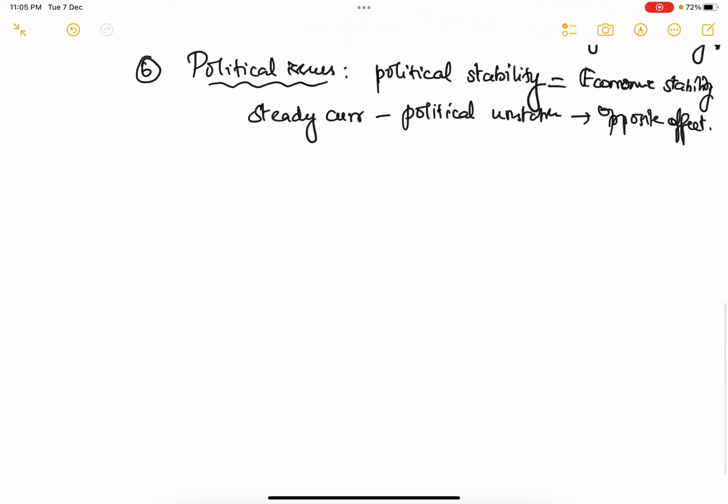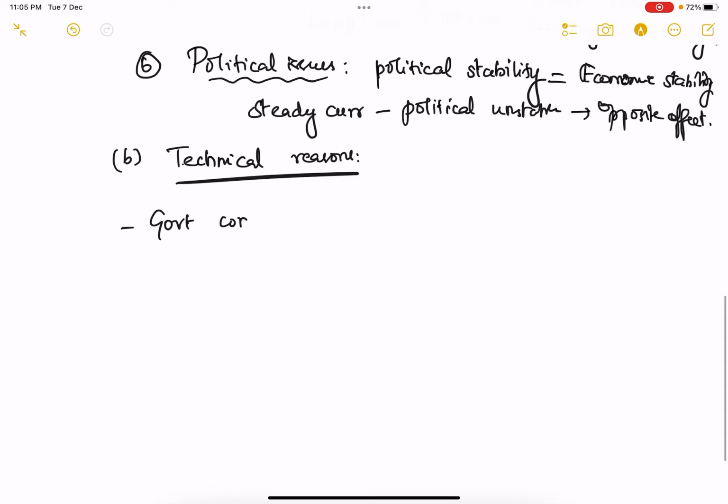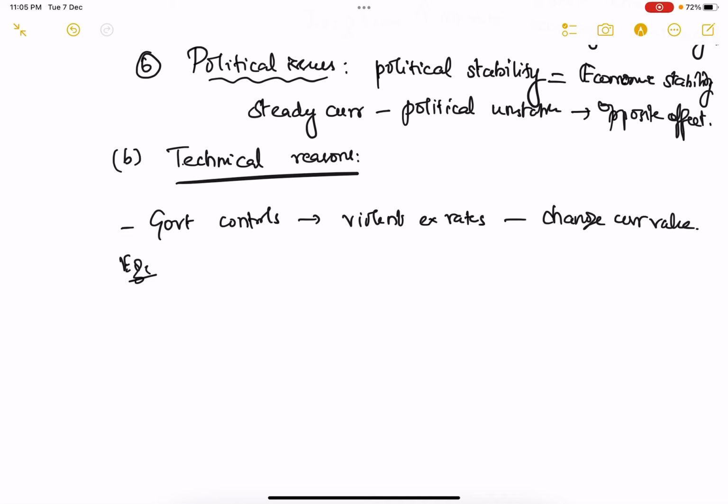Moving on to the second type of reason, which is technical reasons. The government controls will lead to violent exchange rates because of the change of currency value. For example, consider a particular country which exports petroleum, and for a particular period there is a high surplus in the country.